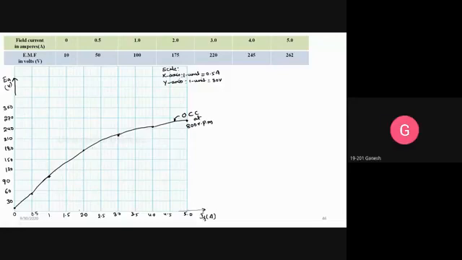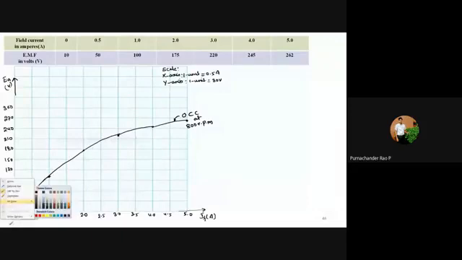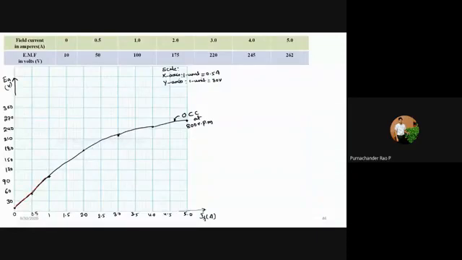Yes, sir. After drawing this, next what we have to do is draw a tangent. I will take another color here. So we need to draw the tangent. I will start from this point. The tangent is nothing but it touches the maximum points on the linear portion of your magnetization characteristics, and it will be like this.